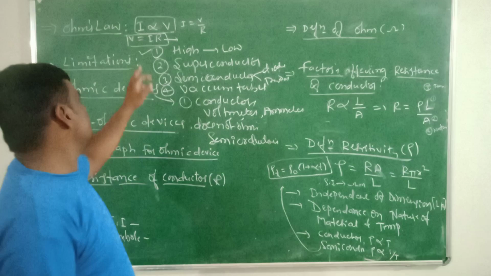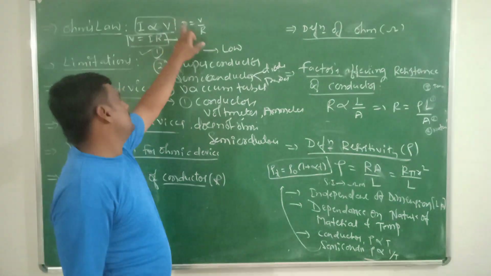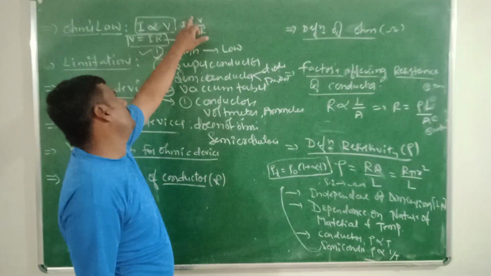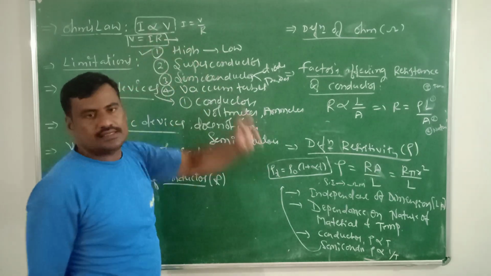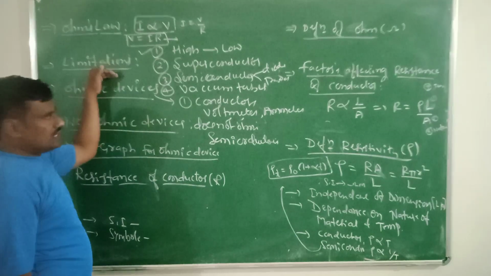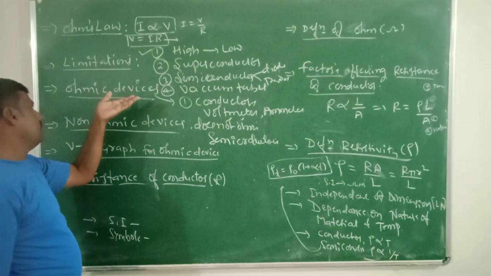Then I is proportional to V, with proportionality constant 1 by R, so I equals V by R, or V equals IR. This is simply Ohm's law, V equals IR. And the limitations mean that in those cases it is not valid.